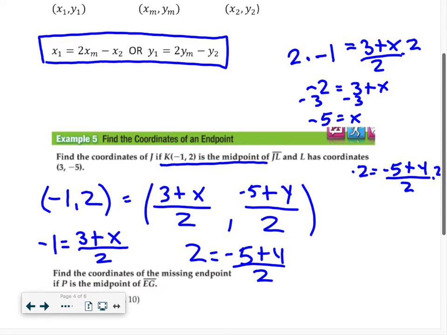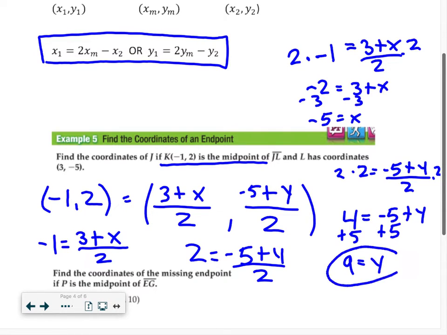So multiply both sides by 2, and you get 4 equals -5 plus y. So you add 5 to both sides, and you get that y is equal to 9. So the missing endpoint J has x coordinate -5 and y coordinate 9.